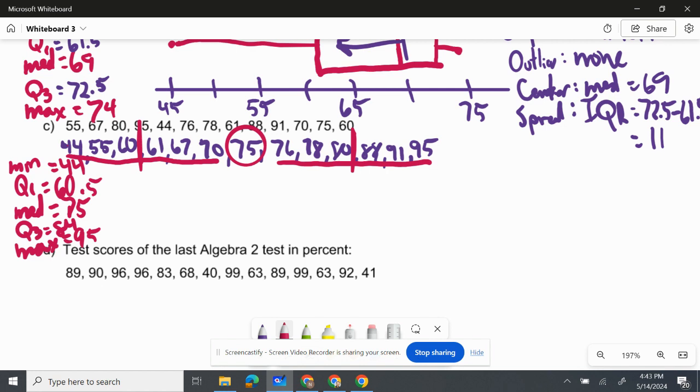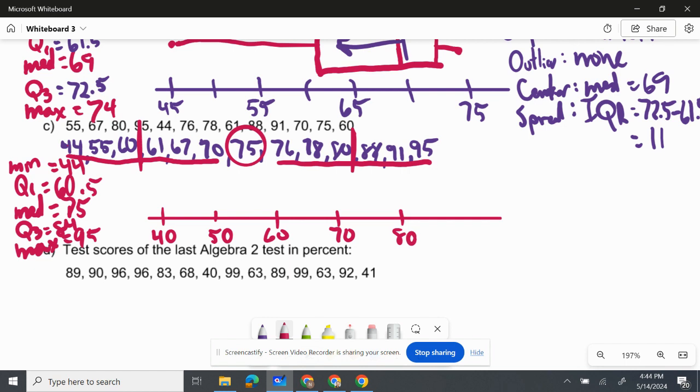And so now we're going to draw our number line. This time I'll actually go by tens: 40, 50, 60, 70, 80, 90, and 100.